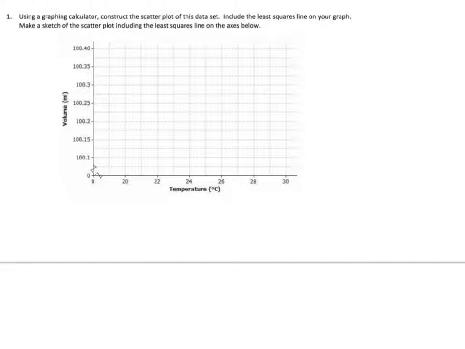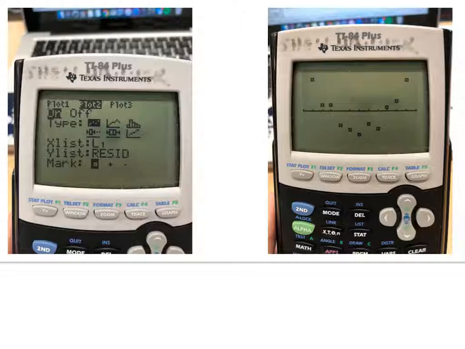So using the calculator, construct a residual plot. So I turned on plot 2, did my scatter plot. X is list 1, Y is your residuals. And this is my residual plot.